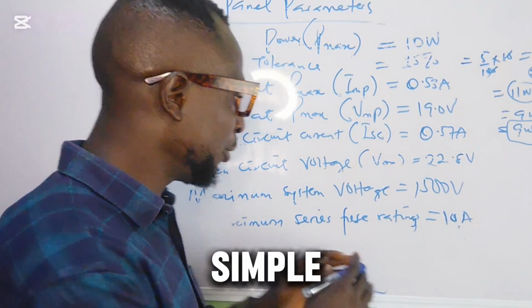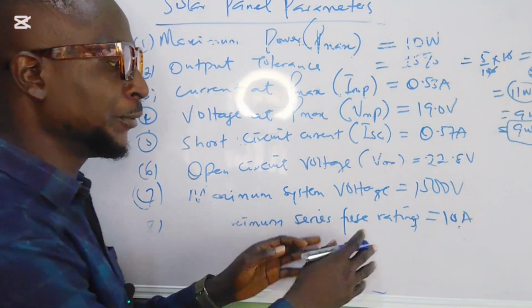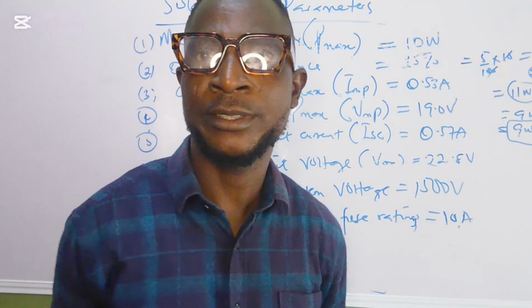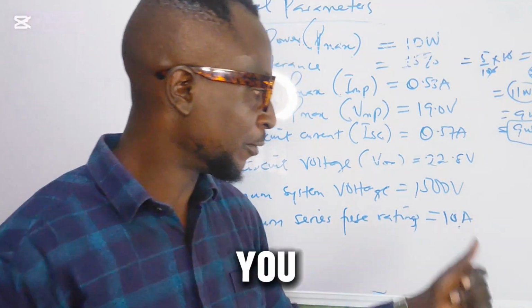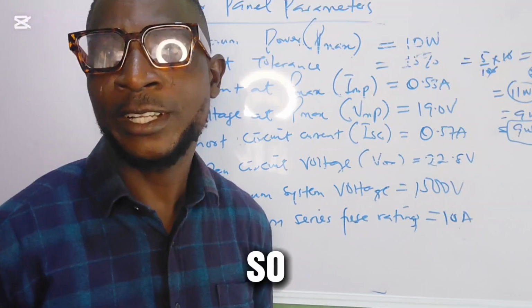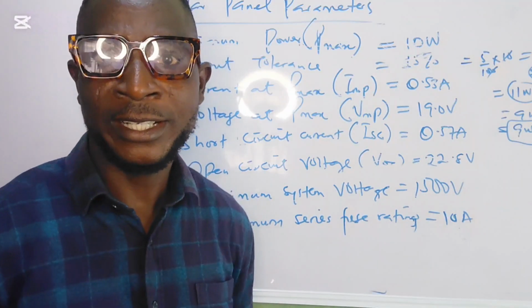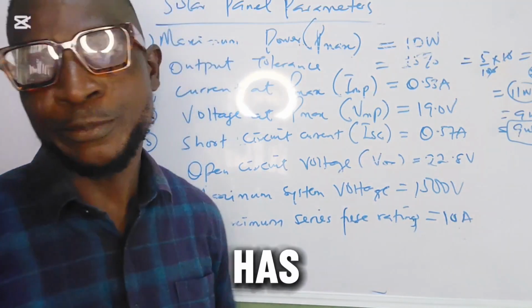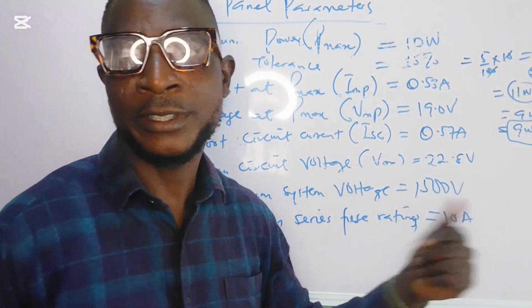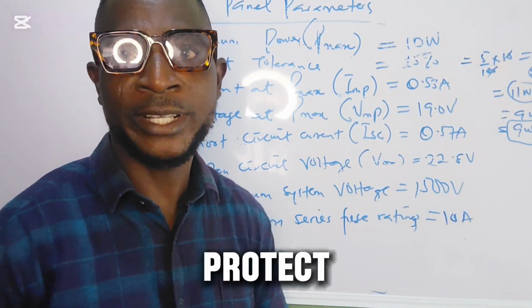So that is just the simple meaning of a maximum series fuse rating. It tells you that this panel cannot take more than 10 amps. So if you are installing it, you have to add a 10 amp fuse, so that if anything happens and current has to be backfed into the panel, the fuse can cut off to protect the panel.